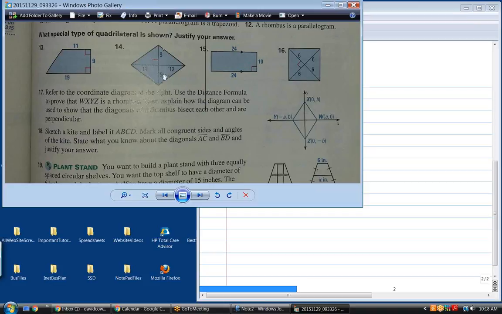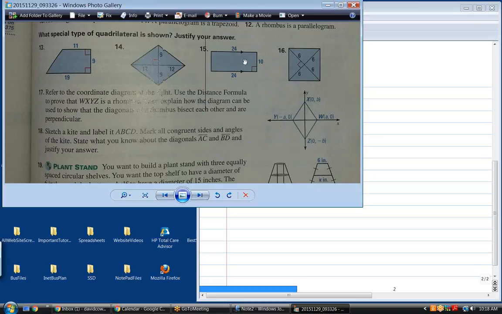I think in a kite, this side has to be different than that side. I'm not 100% sure about that. But in this problem it doesn't matter, because you want to use the most specific thing you can use, and a rhombus is more specific than a kite. A rhombus can only have 4 equal sides. A kite can have all kinds of combinations.